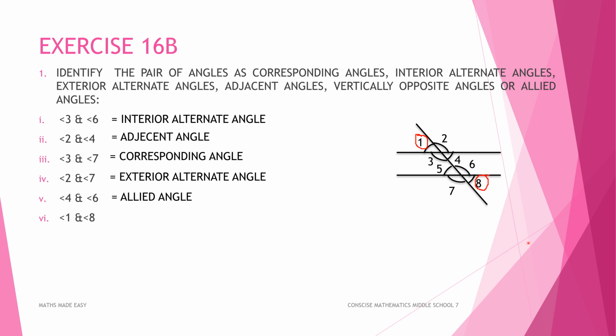So there is possibility of exterior alternate angle, right? And look here, alternate means it should be on either side. Alternate, this or that. So this one is on the left side and 8 is on the right hand side. So angles 1 and 8 are exterior alternate angles.